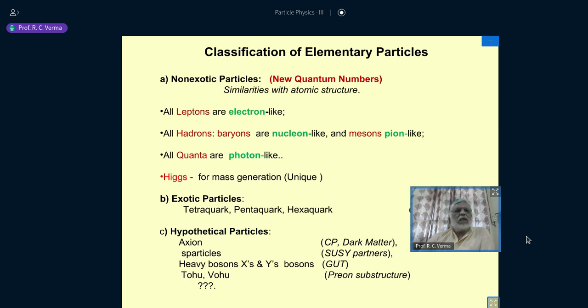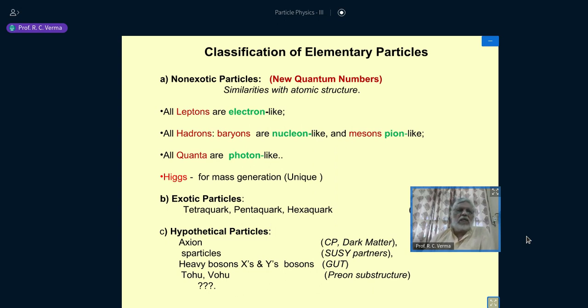Similarly, hadrons have two classes within them: baryons and mesons. All baryons you can think of as nucleon-like, or heavy brothers of neutron and proton, whereas mesons can be thought of as pion-like, heavy brothers of pions and so on. So if you understand pion and nucleon, then life is not difficult for baryons and mesons.